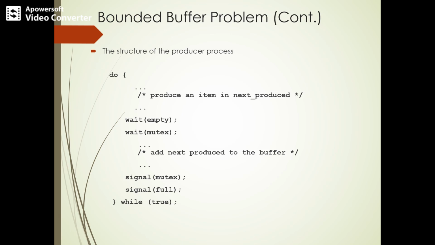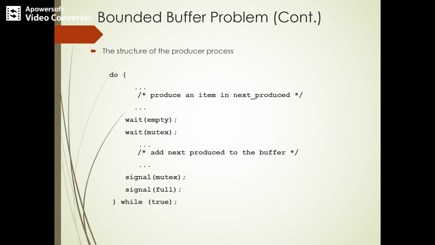Next it calls wait of mutex, so that the mutual exclusion property is served. Then it adds nextproduced to the buffer. In case the buffer is full, wait of empty makes it wait. Otherwise, it adds the next produced item to the buffer. If the buffer is full, it cannot add the next item.